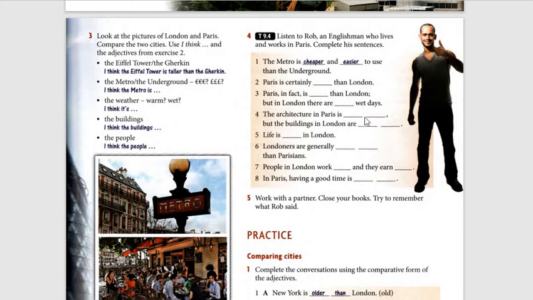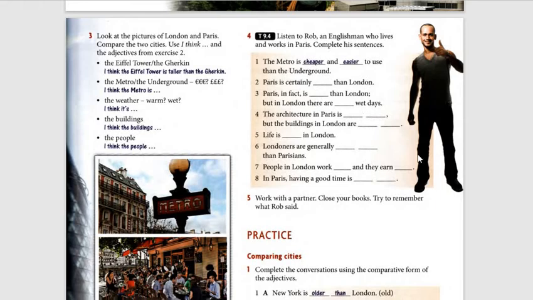And in 4, 5, 6, 8 we have comparative adjectives derived from adjectives composed of two or more syllables.